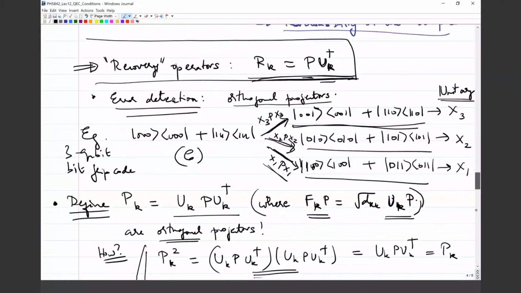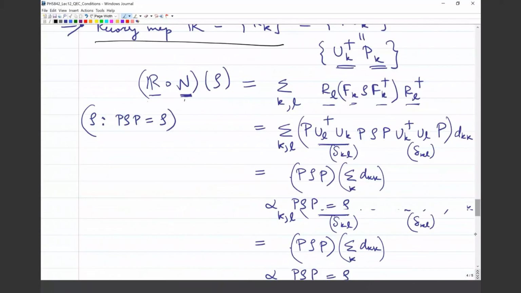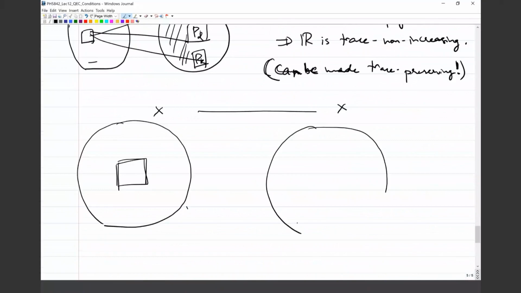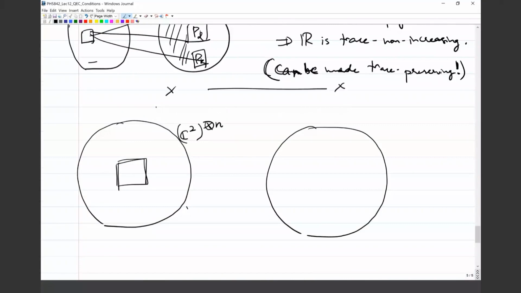Yeah, so maybe it's better done with a figure. So I have this code space and I have the encoded space. By encoded space, I simply mean, for example, we went from C^2 to C^2 tensor n, some n-qubit, some larger space. And now I have these different error operators.